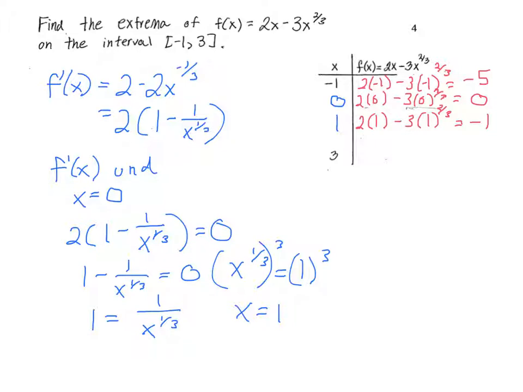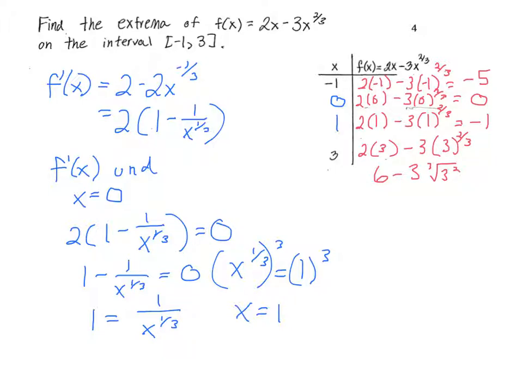And if I plug in a 3, I am going to get a crazy nasty number. Let's see. This will be 6 minus 3 times the cube root of 3 squared.